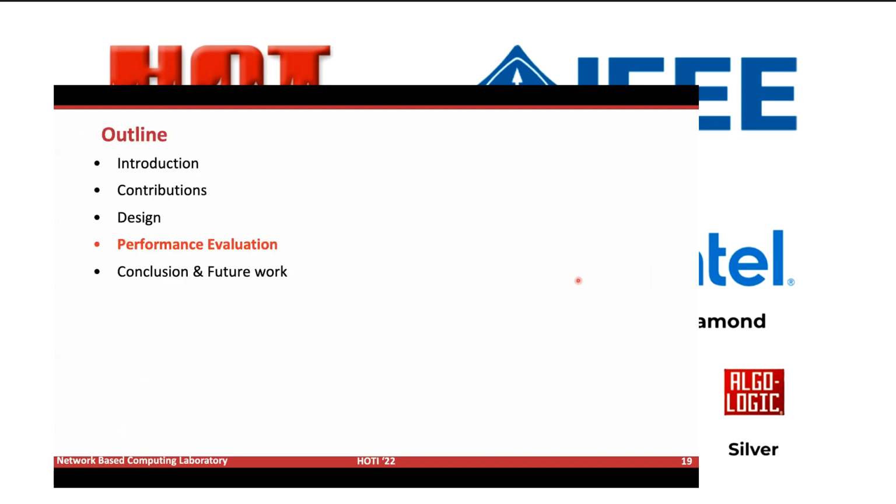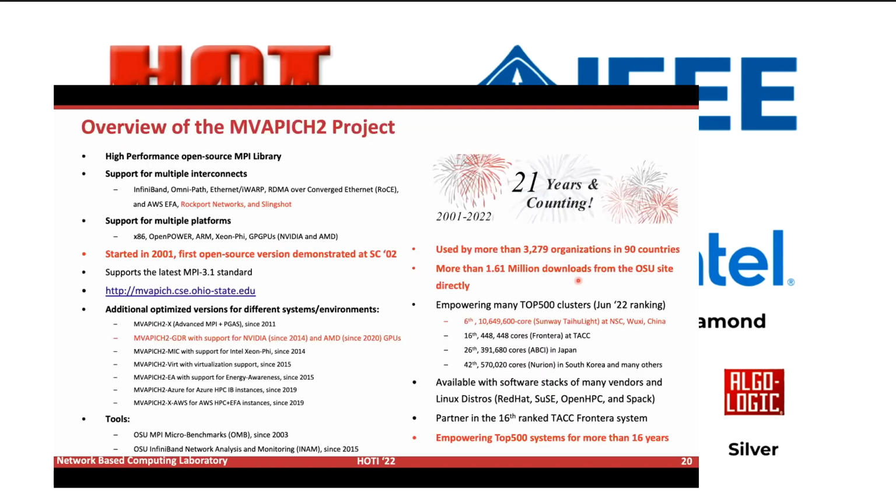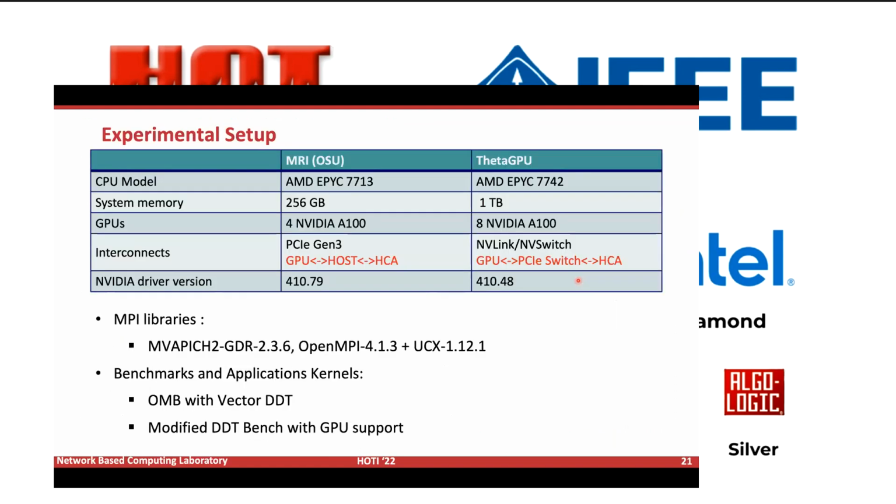So next we move to our performance evaluation. We have implemented all our designs in the MVAPICH GDR MPI library. It's a popular MPI library that has been in the market for over 21 years now.